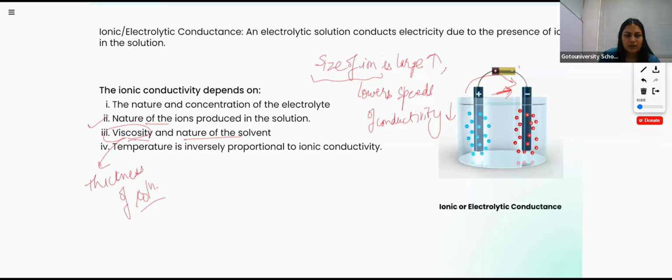Now if the solution is thick, or say the solvent has high viscosity, then it will also lower the speed of conductivity.